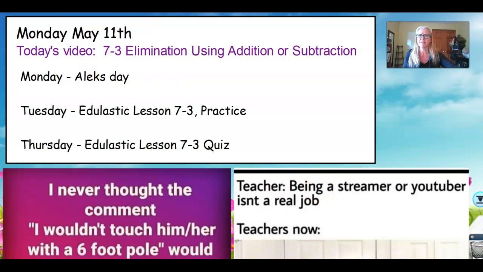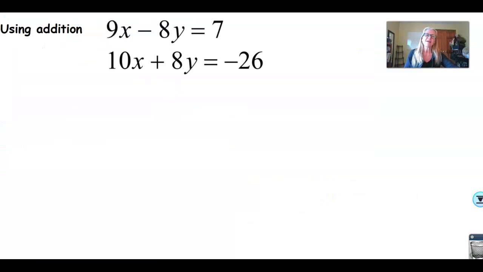This is fun times. Okay, so when we are solving systems of equations with addition and subtraction, here's what we're trying to do. Our goal is to eliminate one of these variables. We can't solve for x and y. We want to solve for one or the other. These two equations are set up nicely. You'll notice that the x's are lined up, the y's are lined up, and the constants are lined up, which is nice.